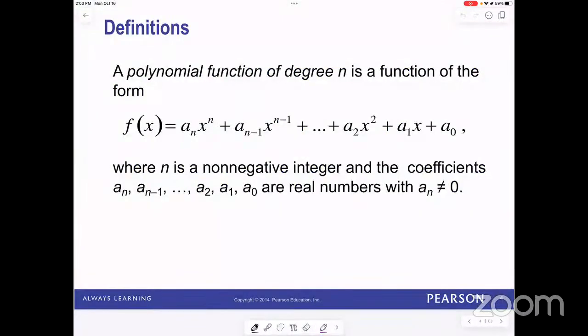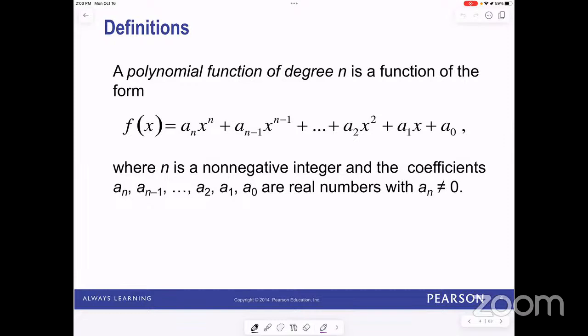A polynomial function of degree n is a function of this form, where n is a non-negative integer and the coefficients a_(n-1), all the way down to a naught, are real numbers where a_n is not equal to 0, a_n being our leading coefficient. A polynomial is really just a finite sum of monomials.